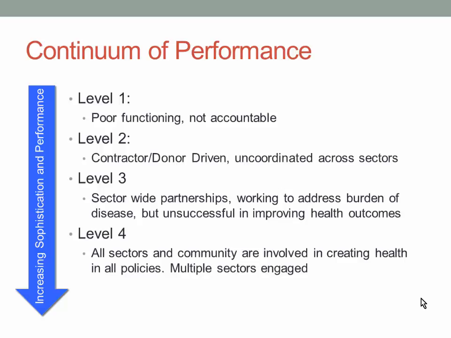In level 2, the community platform may be contractor or donor driven and may not coordinate across sectors. Level 3 involves sector-wide partnerships with strong community involvement, working to address burden of disease, but unsuccessful in improving health outcomes. So it's approaching level 4, but still needs to be a little more sophisticated at this point. And in level 4, all sectors in the community are involved in creating health in all policies. Multiple sectors are engaged, and we see improvements in health outcomes.